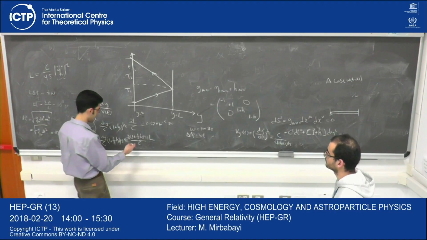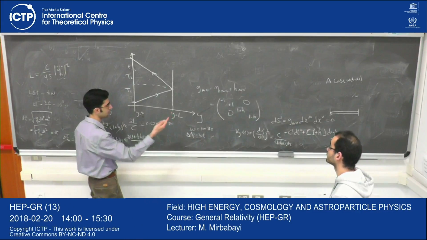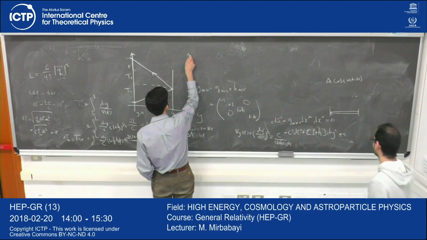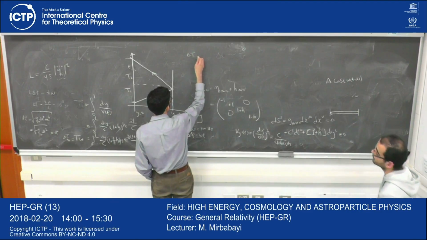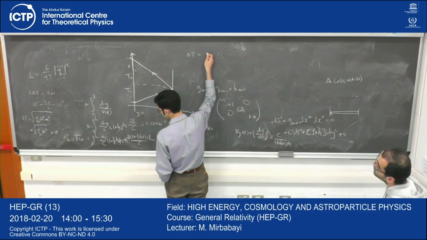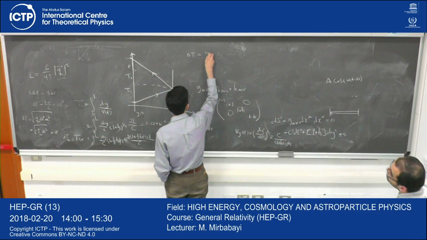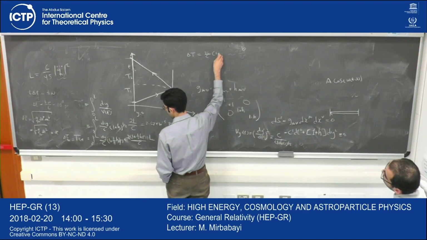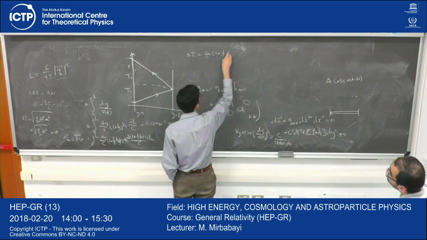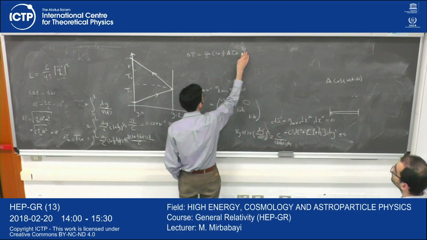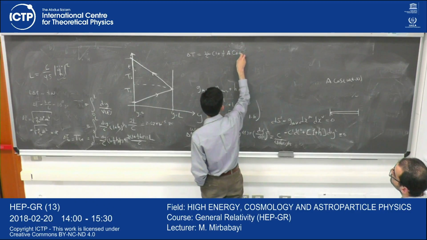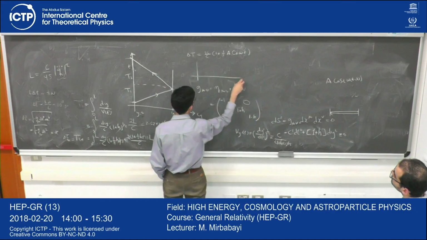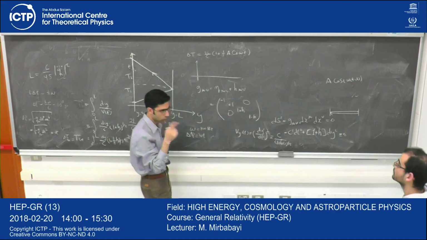So you have this result. You can plug in the value. X is just some constant, you can set it to 0. So what you get is that delta t, or delta tau, is 2L over c times 1 plus 1/2 A cosine omega t. So what does it mean? I keep sending photons and they come back.